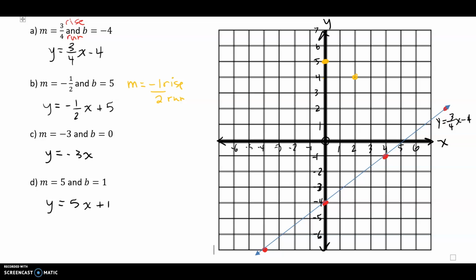And then I continue down 1 to the right 2, down 1 to the right 2, and then I can go in the other direction. This time I'll go up 1, so that means my 1 is positive, and to the left 2, so my 2 will be negative. So up 1 and to the left 2, up 1 to the left 2. Okay, now that I have my points, I'm going to draw my line.